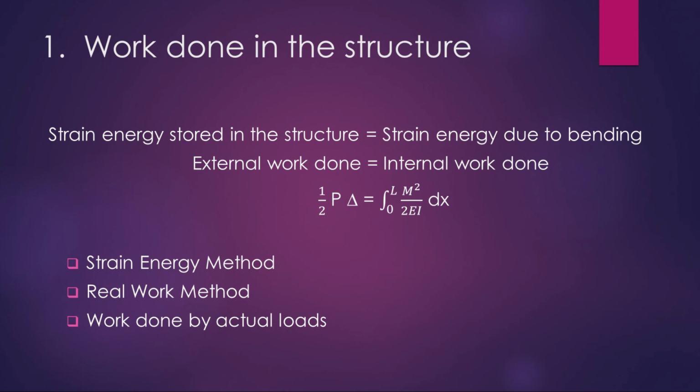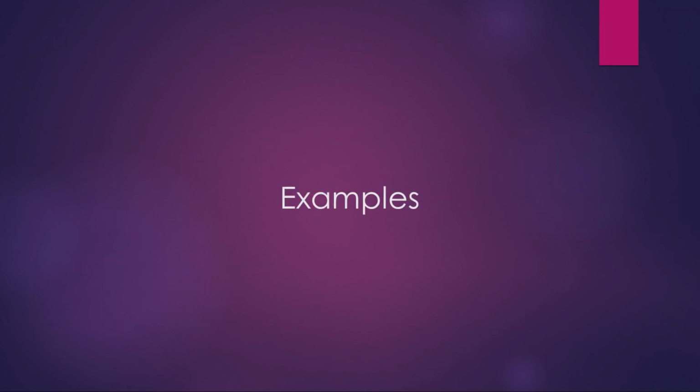Equating both, we write relations half P delta is equal to integral 0 to L M squared by 2 EI dx. So this is what is given as the first method, strain energy method. It is a real work method. It is the work done by actual loads. Let us see few worked out examples based on this method.